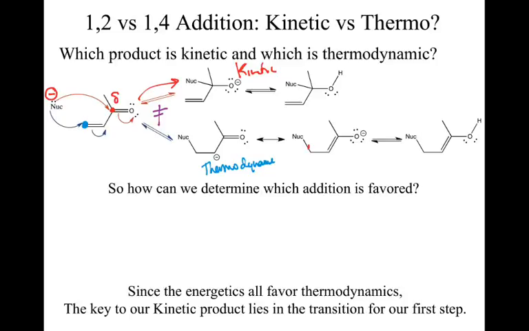Well, the partial positive charge on our carbonyl carbon is going to be bigger than the partial positive charge on our alkene carbon, because it's a polar pi bond and that electronegative oxygen is pulling electron density away. So that's our transition state.